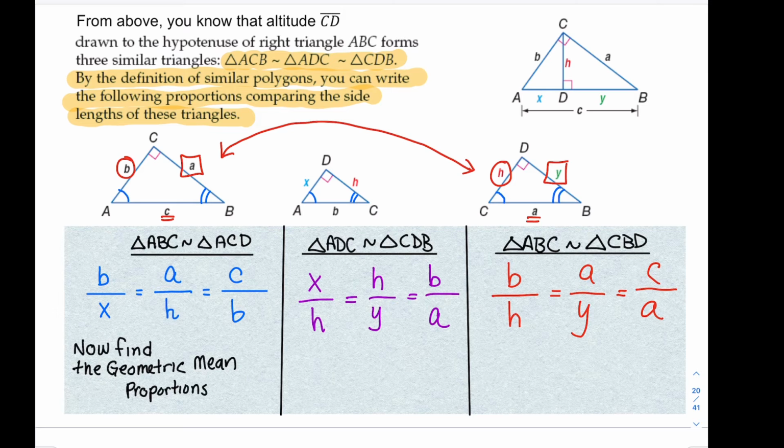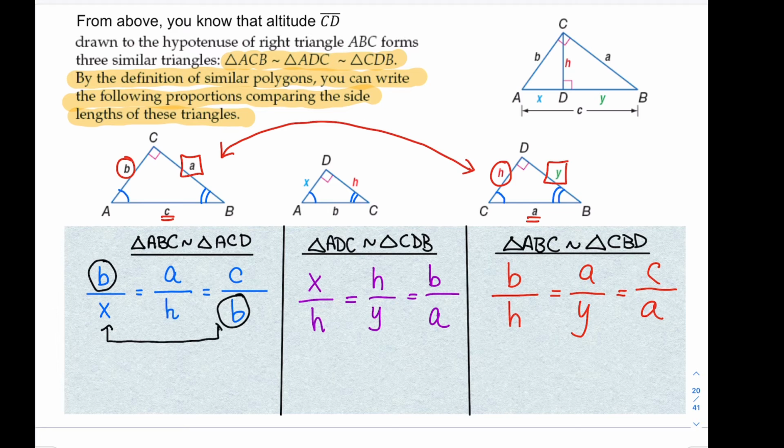And this will help us solve some problems with right triangles. So in the first set, notice that B is the shared piece here amongst these two ratios, these two fractions. So we have the proportion B over X is equal to C over B. The geometric mean here is B.